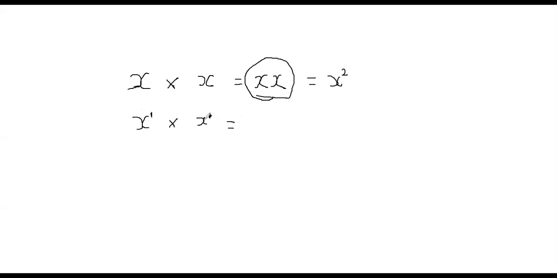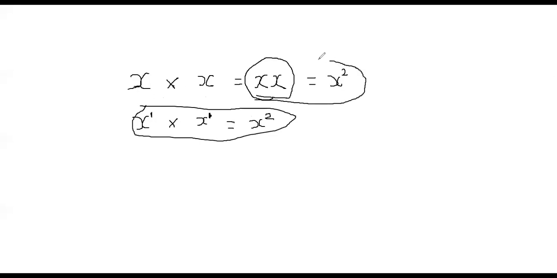So that means when we're multiplying two same bases, in this case the base is x, or two same terms, we usually add the power. So 1 plus 1 will give us 2. So that's another way of understanding it.